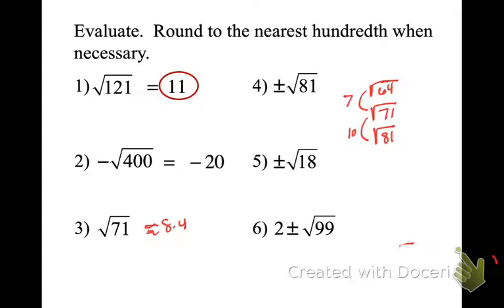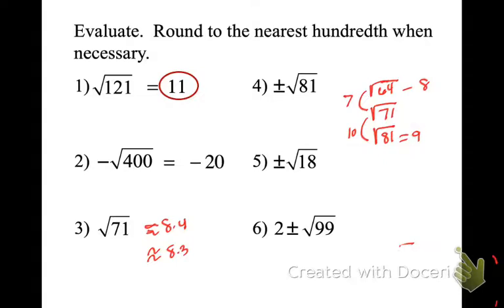So it's less than half. It's not so close to the 8. So I likely would round it to about 8.3, 8.4. And again, since we are just estimating, if you're within a tenth, I will accept that.